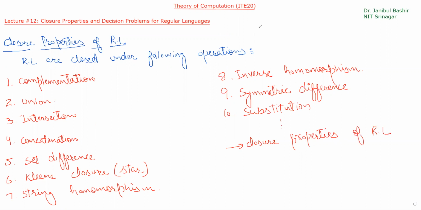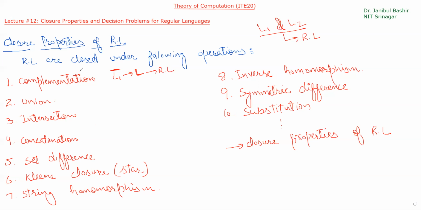It means, for example, if I have two languages, L1 and L2, and both these languages are regular languages, then if I apply complementation on a regular language, let's say L1 is a regular language, and I apply complement on this, I will get a new language, that is L. So this L will also be a regular language.